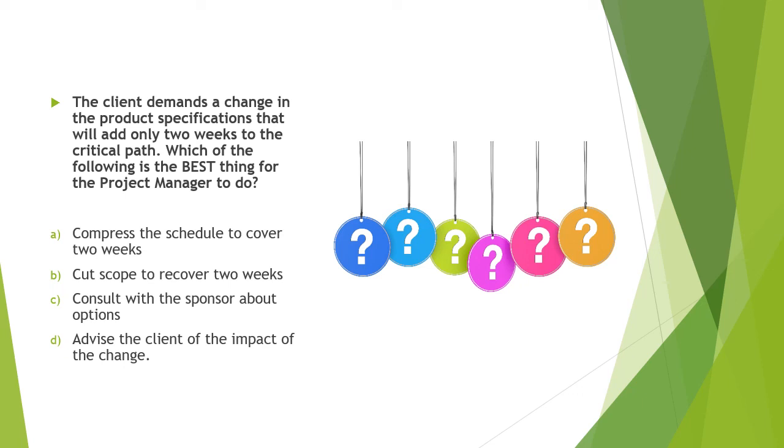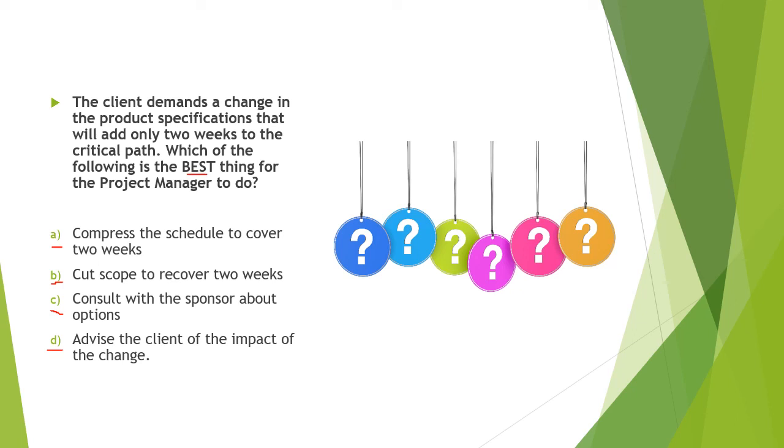Is it A, compress the schedule to cover 2 weeks, B, cut scope to recover 2 weeks, C, consult with sponsor about options, or D, advise the client of the impact of the change? See, the question is asking you about the best thing for the project manager to do.